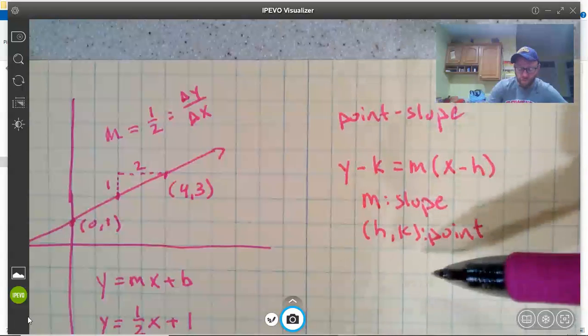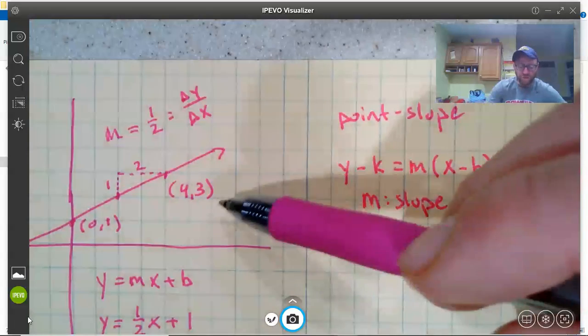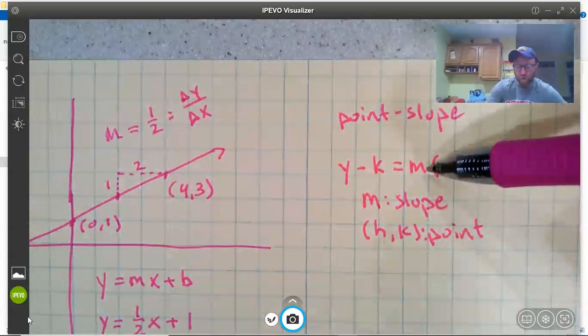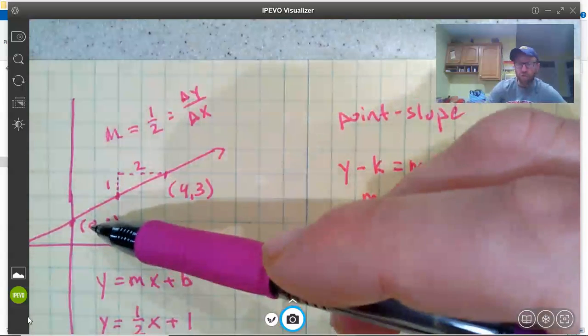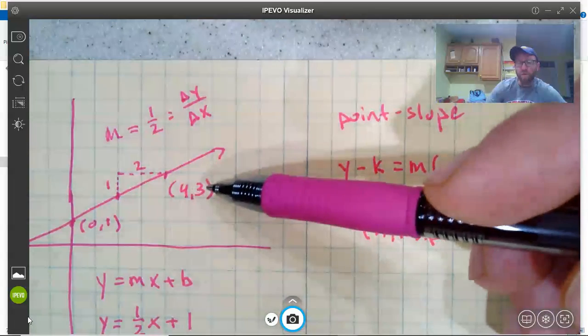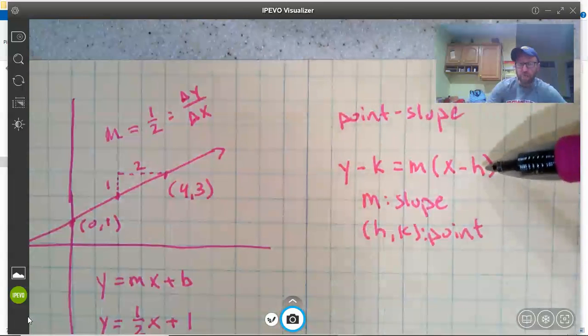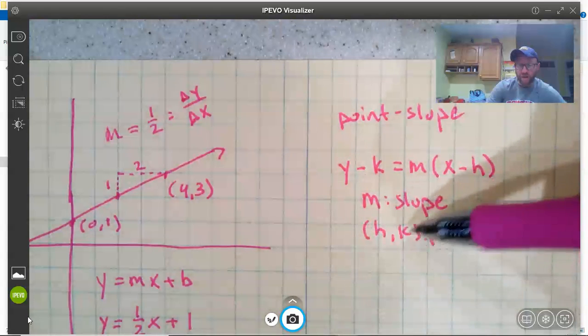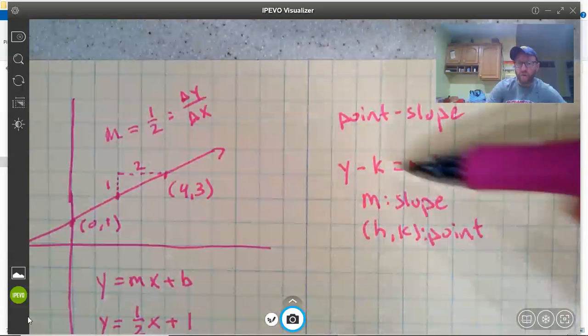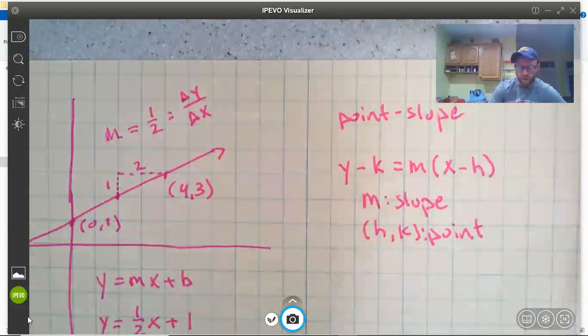So if I wanted to write the equation of this line in point-slope form, I would just plug in the slope here. And I could use any point. I could use the y-intercept, but I could use this other point as well, (4, 3). I would plug in the x-coordinate here for h, because our point is (h, k). So the x-coordinate would go here, and the y-coordinate would go over here.